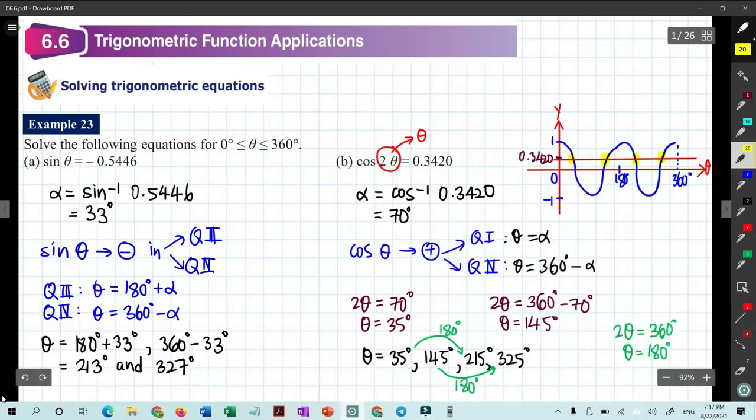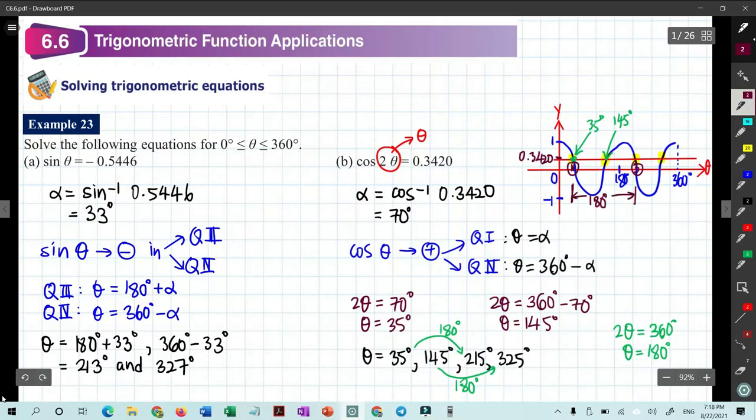Earlier we got 35, and the value here is 145. The distance from the first solution to the third solution is actually 180 degrees.